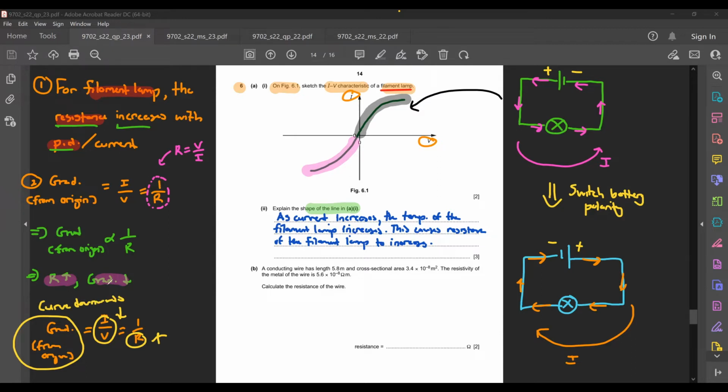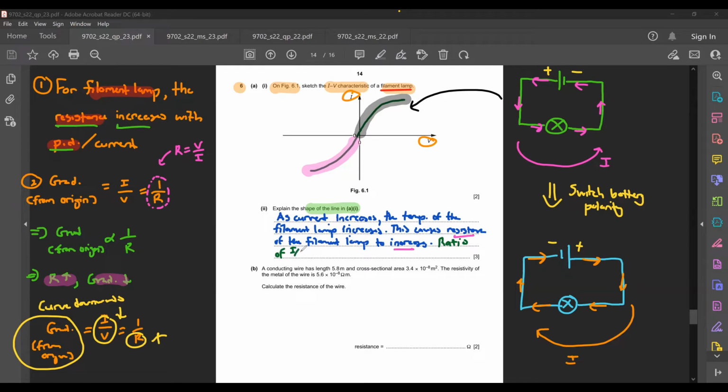downwards. Okay. So in your case, resistance is already established to increase. You can say something like this now. The ratio of I over V decreases because resistance increases, the ratio of I over V must decrease.